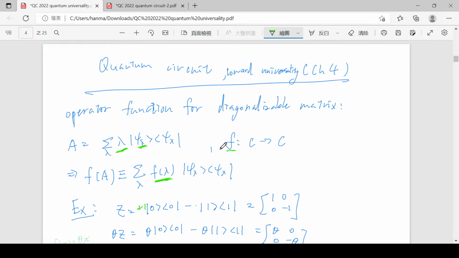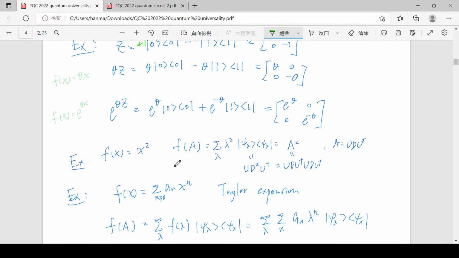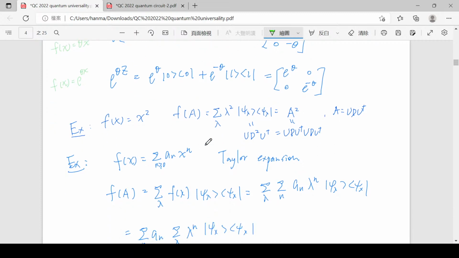Then there are these examples of why this definition makes sense. Let's say, what if your f of x equals x squared? If you apply it on any matrix A, then if you apply the formula, each lambda should become lambda squared, with your projector psi lambda.